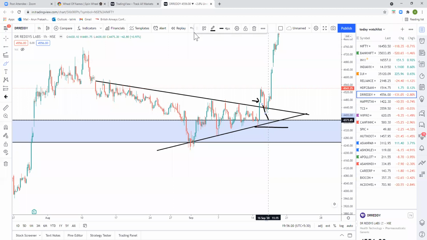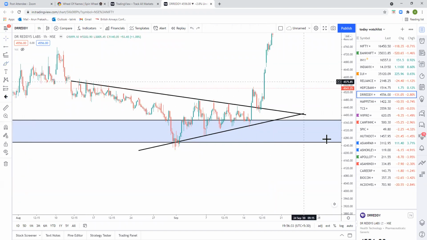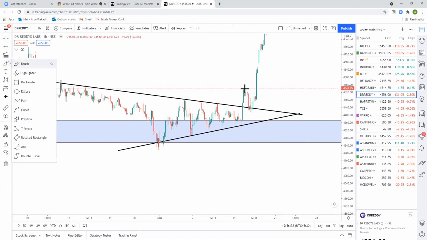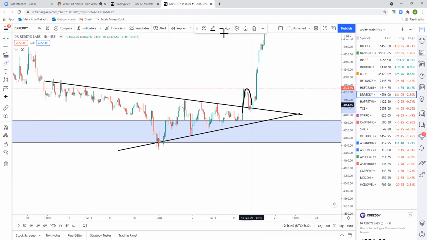Okay, got it. So if the breakout candle is big, we can take half of that. That is what you're saying. Yeah. When it is giving a huge breakout, let's say it is closing like this, then you are entering here. In this case, sometimes I would not be entering here also.